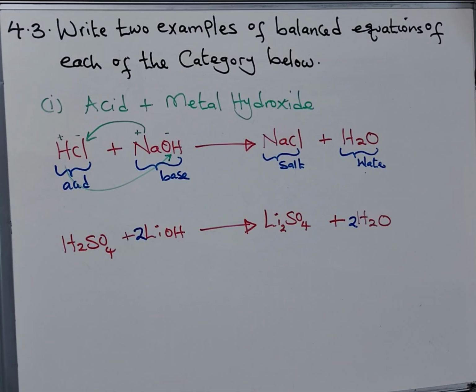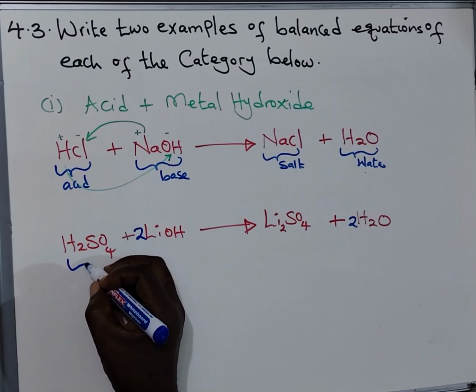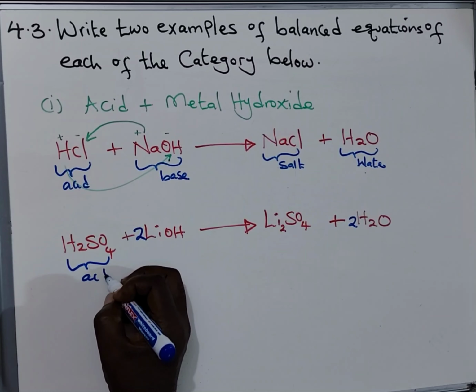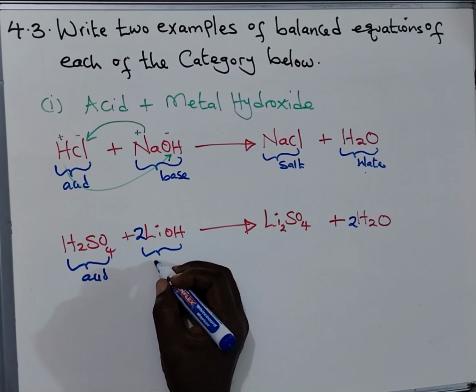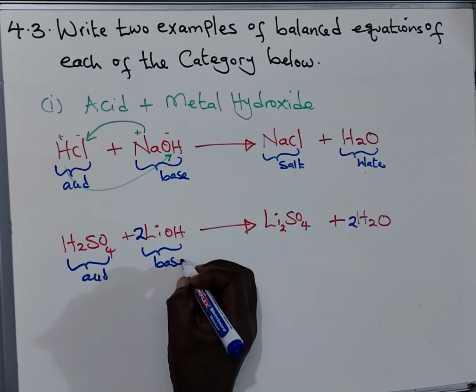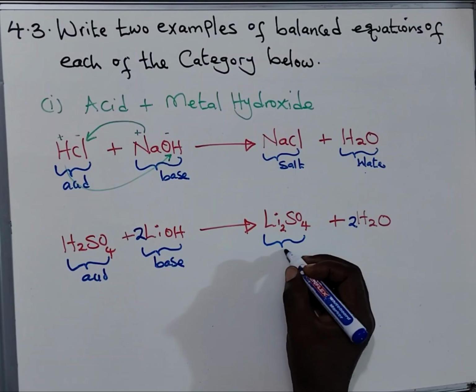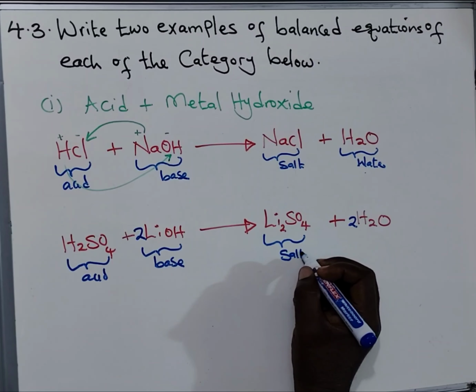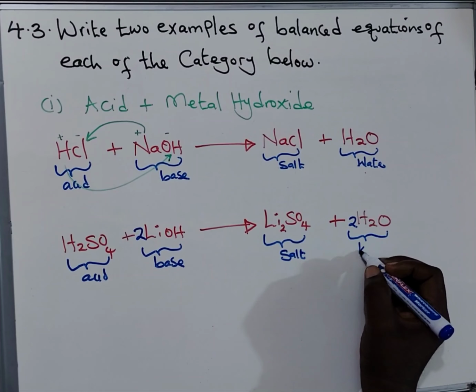So the equation is balanced. You must not forget that this one is the acid, what we have here is the base, what you have here is our salt, and this one is water.